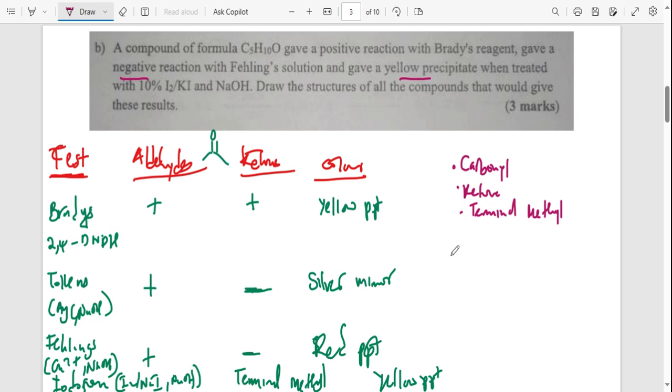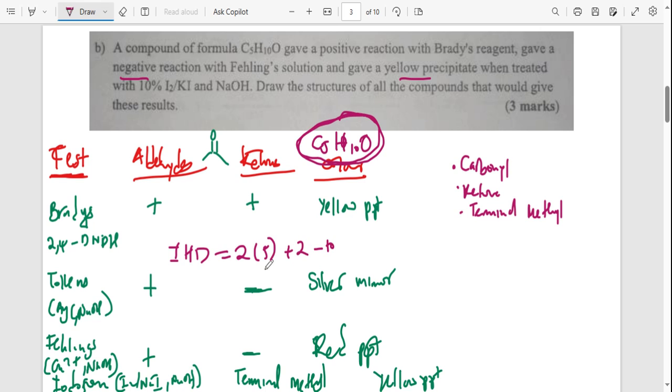One thing, remember the formula is C5H10O. If you are not sure whether you will have double bonds in this molecule, you can find the IHD. IHD is given by 2 times carbon, so 5 carbons, plus 2, minus 10 hydrogens, over 2.